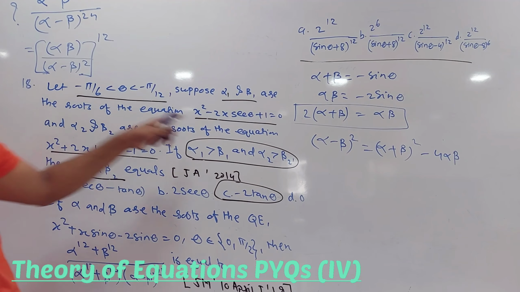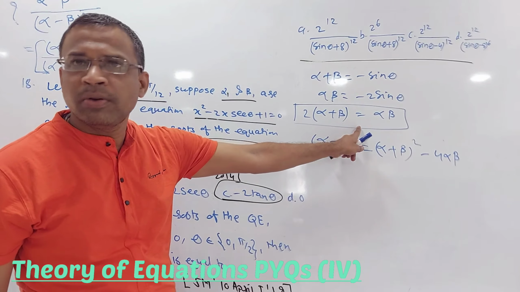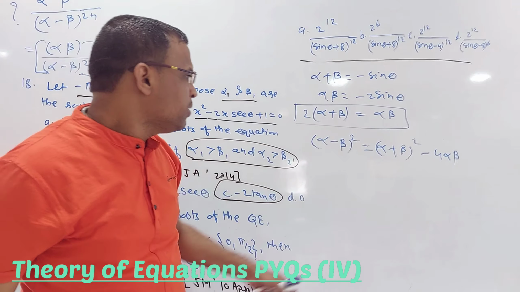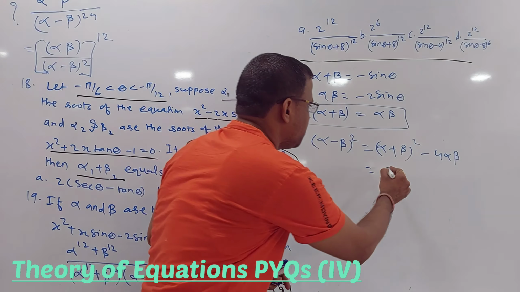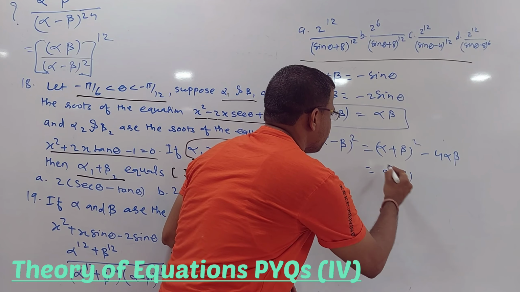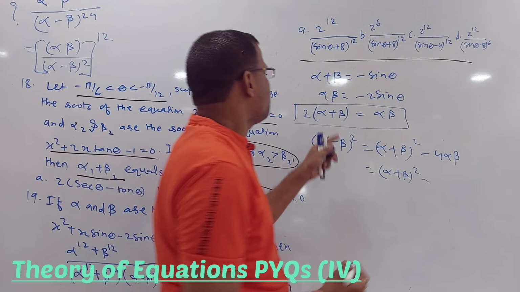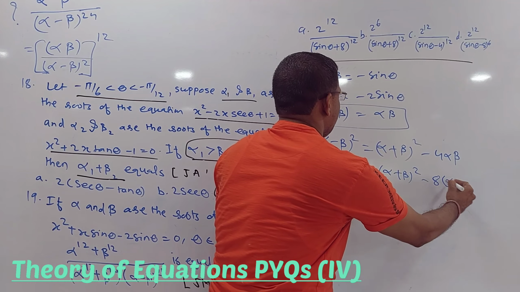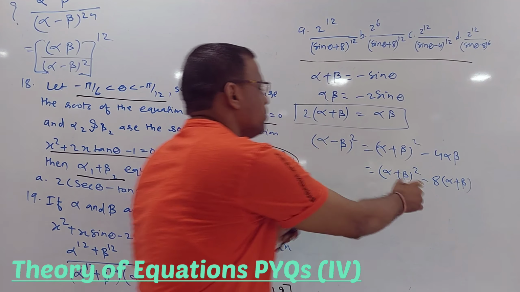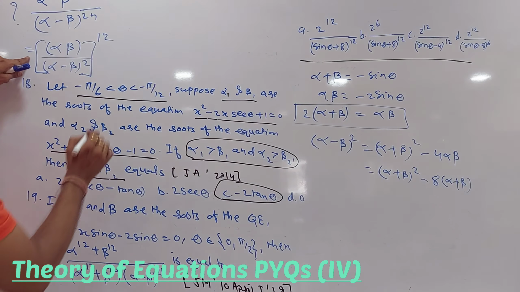But before putting this, look at this. I will just check, take this one. Fine. So let me put down (alpha plus beta) whole square as it is, minus 4 alpha beta, so minus 4 times minus 8, alpha plus beta. You know that you can take alpha plus beta common. Let me put it down over here.